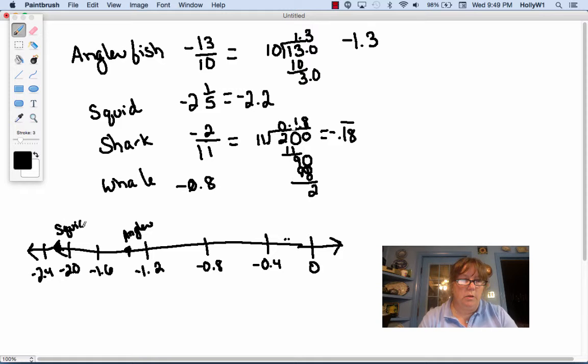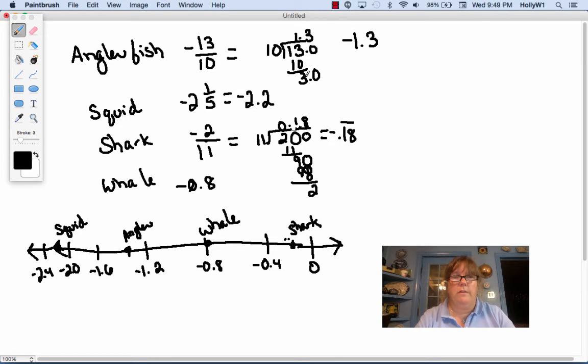So this is our squid. And our shark is at negative 0.18 repeating. And so let's see here, 0.2 would be there. So he's probably hanging out right about here. He's pretty close to the surface. And then our whale is right here.